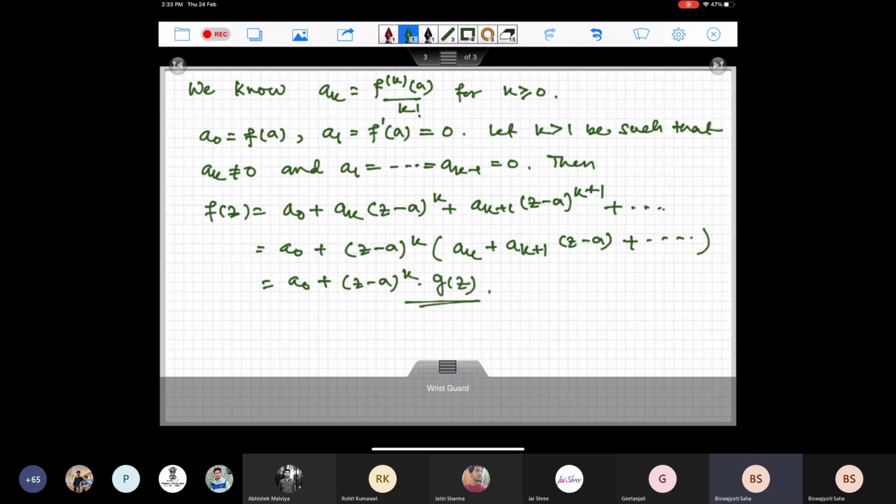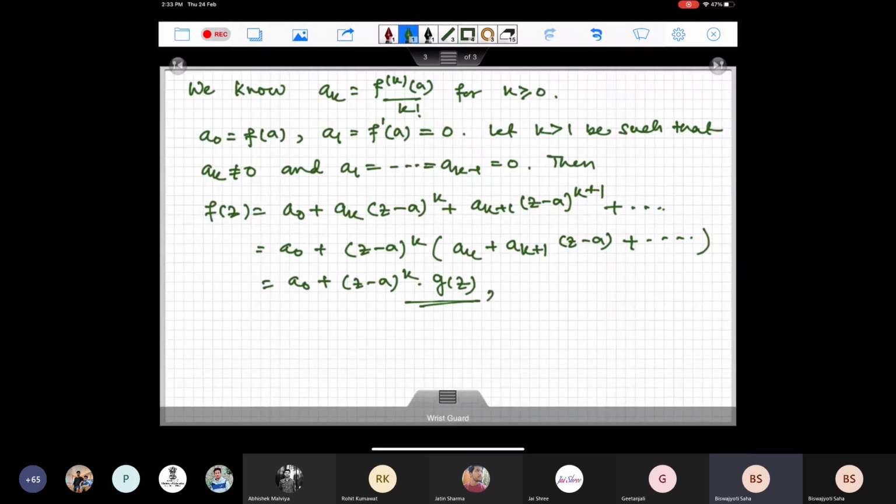Okay. Of course, g of z is also going to be a holomorphic function because it is given in terms of a convergent power series. Okay, so this is a holomorphic function, where g of z is, as I wrote, summation n bigger than or equal to 0, a k plus n into z minus a power n. So that's my g.